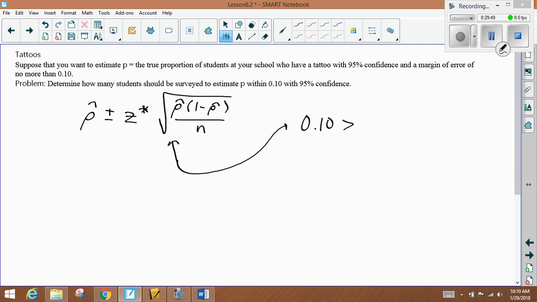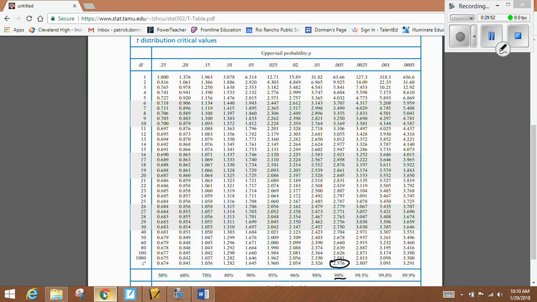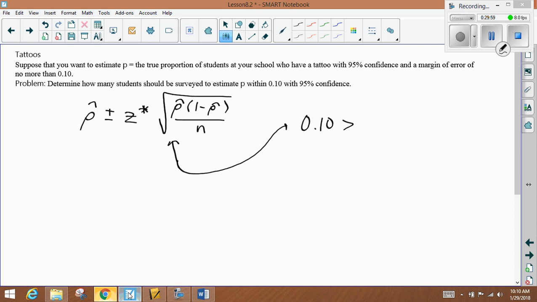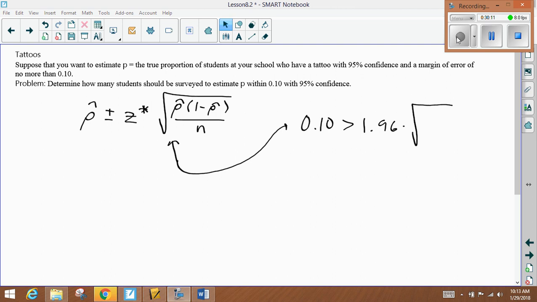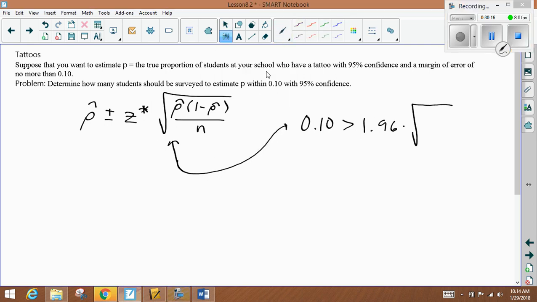All right. So what is our critical value for z star? If it's at 95%, it's 1.96 times the square root of. So we're going to use a p-value of 0.5 because the margin of error is largest for a p-value of 0.5.